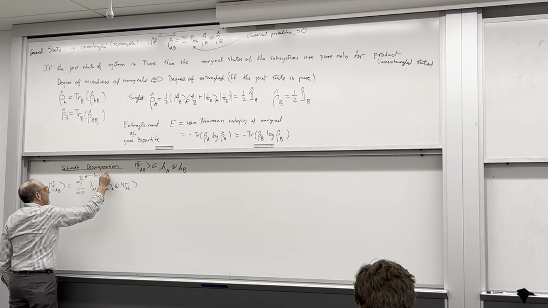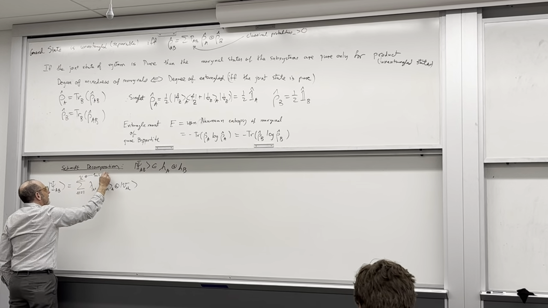These things are positive numbers, which are known as the Schmidt numbers. I mean, I could make them equal to 0 also, but then it wouldn't contribute to the sum. So I could include them if I wanted to.